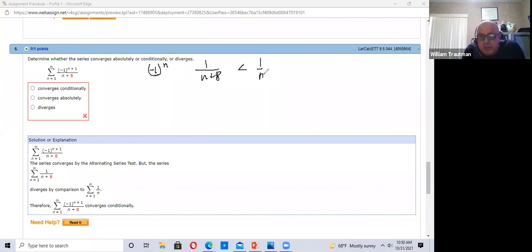This is a p-series where in this case, p equals 1.